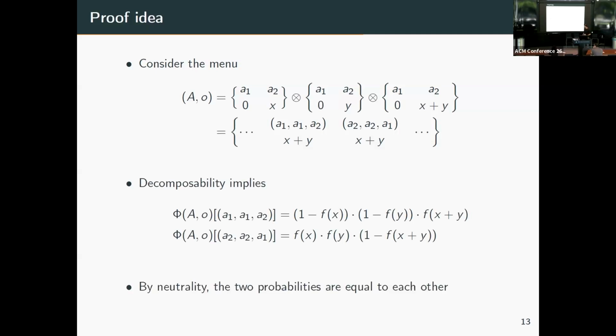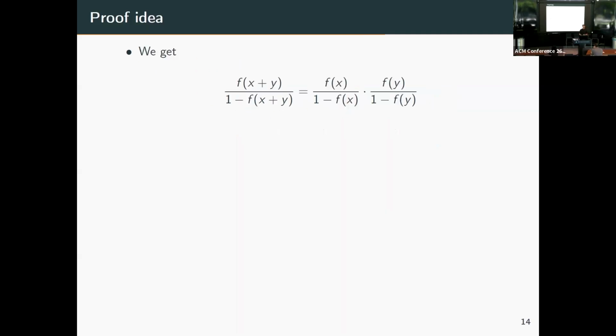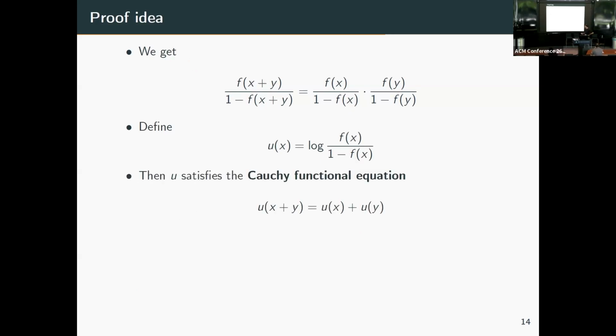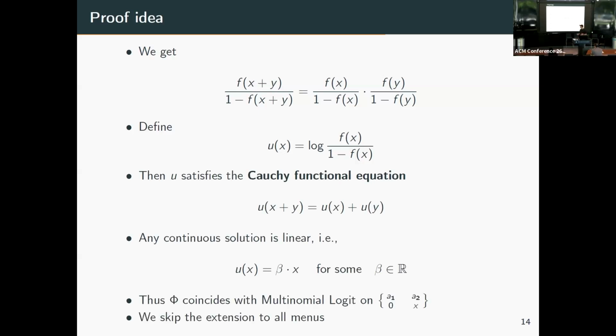And by neutrality, these two expressions must be equal, and so we get the following functional equation on f. And if we define the following function u, then it satisfies the Cauchy equation. And it is known that any continuous solution, or even any measurable solution, to this equation is linear. And that's it. And of course, I will skip the extension to arbitrary limits.